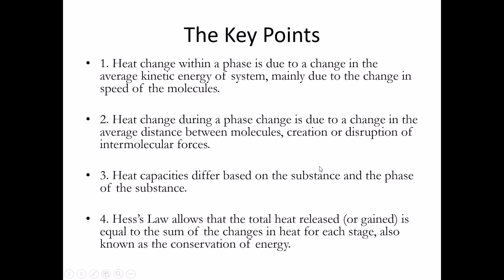Heat capacities are going to be different for every substance and every phase. So these are constant values you will be given for the problem. Make sure you know what phase you're working in. And then Hess's law allows us to add all of these Q values for every stage together to create the total Q value for either heat needed or heat released from a problem.